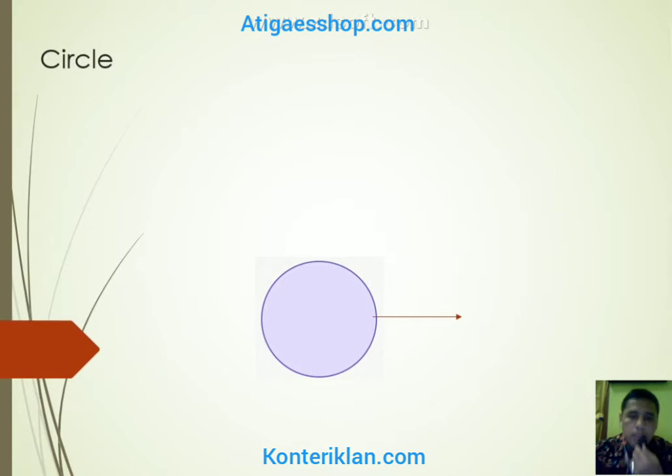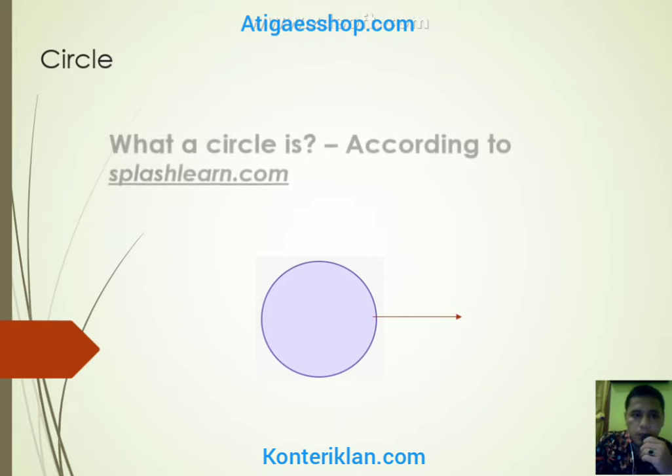Well, circle. Have a look at the picture. There is a circle in your picture now. What do you think about the circle? What does the circle mean? Okay, I want to have your opinion. What is the circle? Well, yes, you are correct. Thank you for answering me.